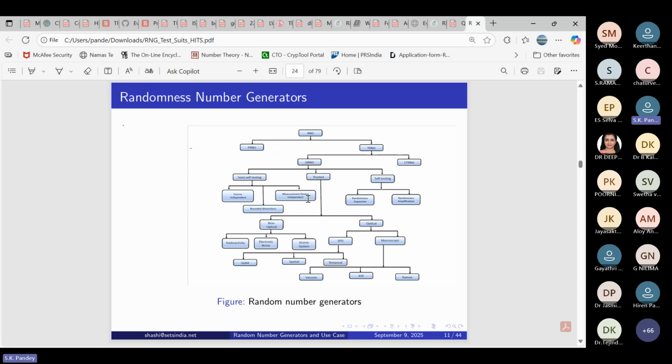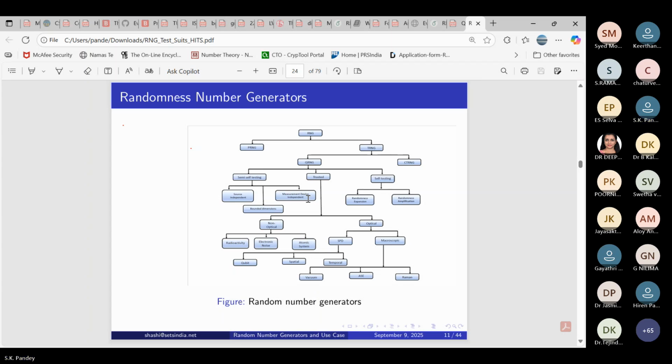So ultimately, the generation of those random numbers is very much important in all those systems. Now, how has it been categorized based on development? Mostly, random number generators means whatever sequences we were talking about earlier. Those systems are generating random numbers.